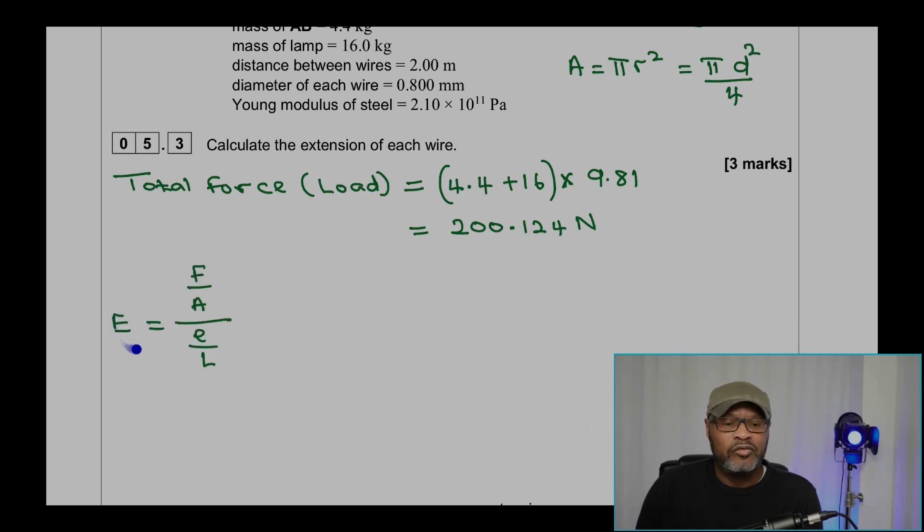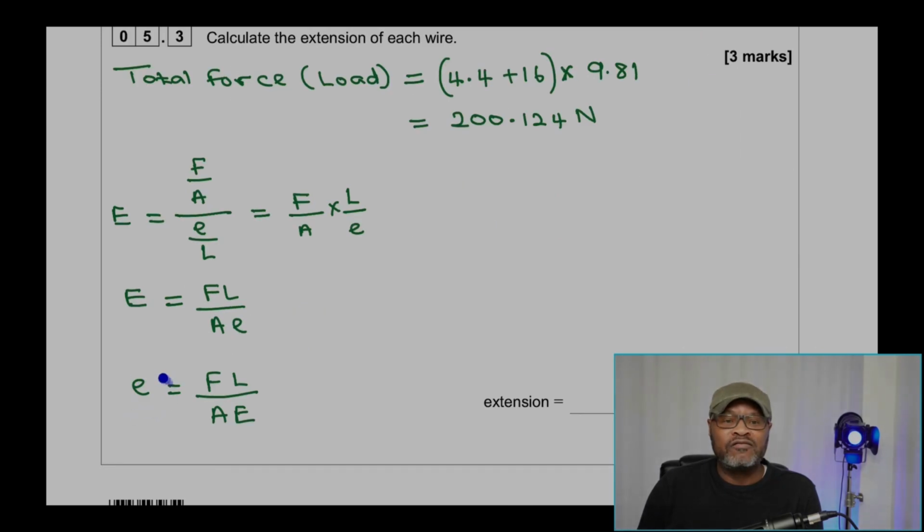E, the Young modulus, is equal to stress over strain, and stress is force over area, and strain is extension over length. And that can be written as force times length over area times extension. We're trying to find the extension of the wire, so we can make extension the subject, and extension will be force times length over area times Young modulus.